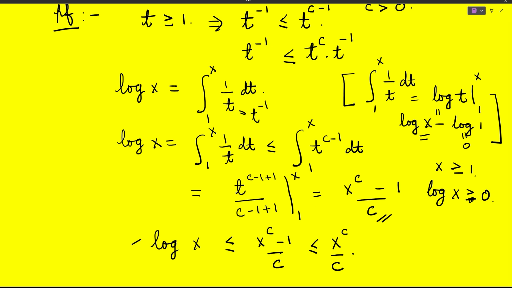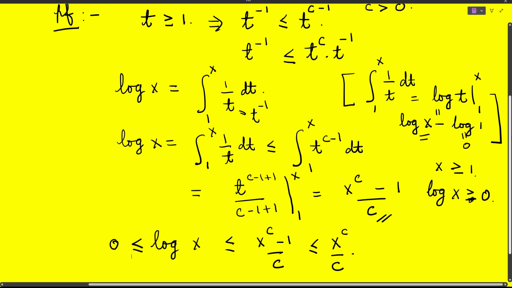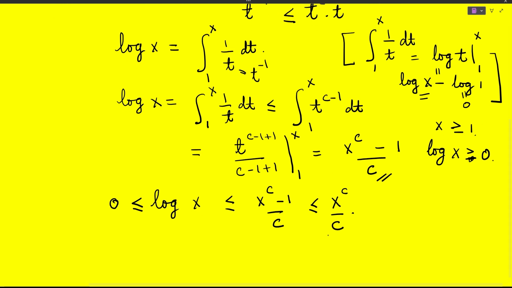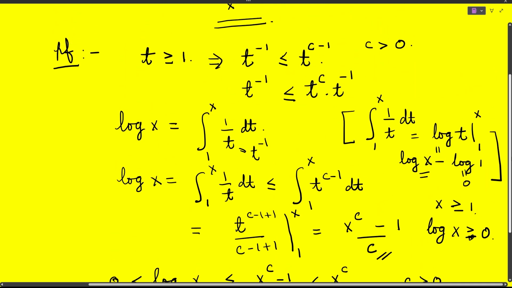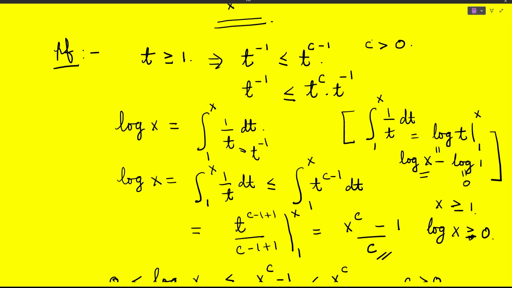So I can definitely say this is bigger than or equal to 0. This is an estimate for log x for some positive number c. If you go back a little bit, I said that c is positive, so c is just some number which is positive.